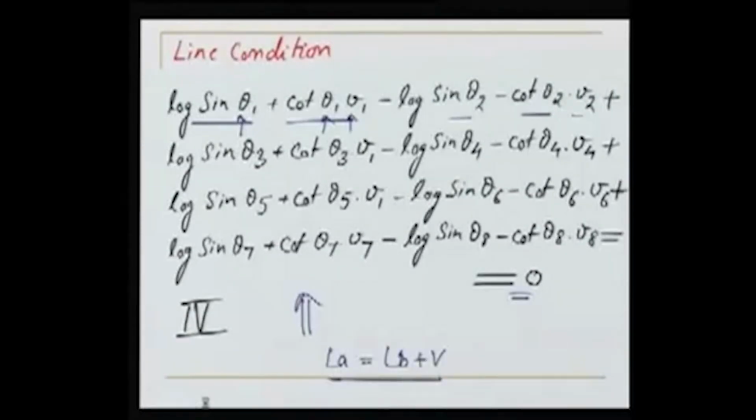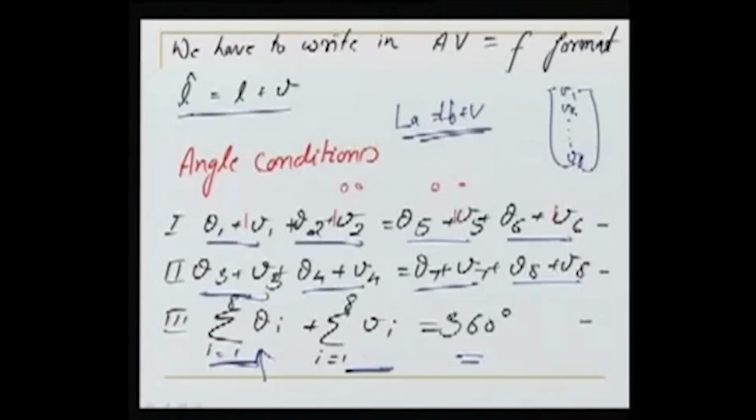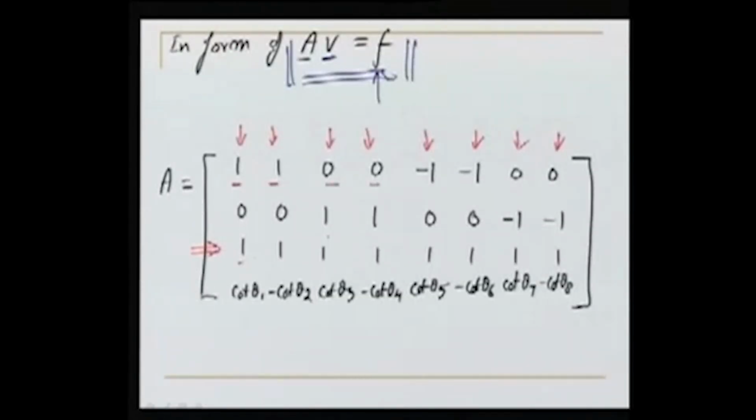So how can we write it? 1, 1, 0, 0, and so on, for V1, V2, V3, V4, V5, V6, V7 and V8. So these are the coefficients of V1 to V8. Similarly, for the third condition equation, V1 to V8 are the terms here, and the coefficient for all of these is 1, so it is 1, 1, 1, 1, 1, 1, 1 and 1.